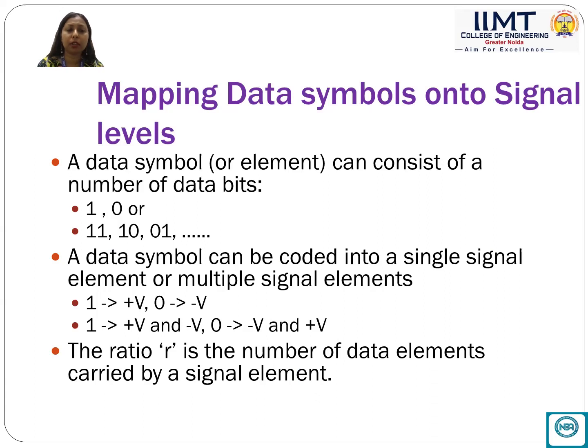If it is greater than the threshold value, that is positive, we consider it as 1, and below this value we consider it as 0. Like that, we can also set the value for minus V or plus V. The ratio R is the number of data elements carried by a signal element.